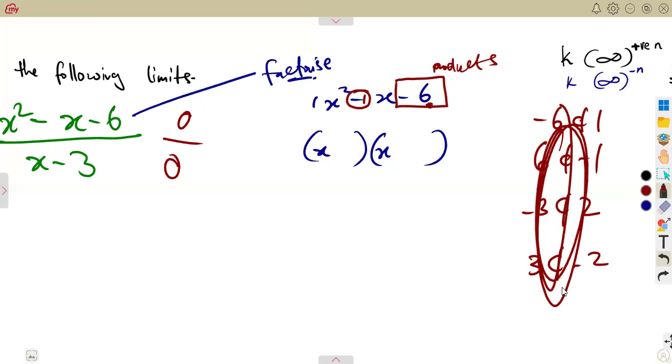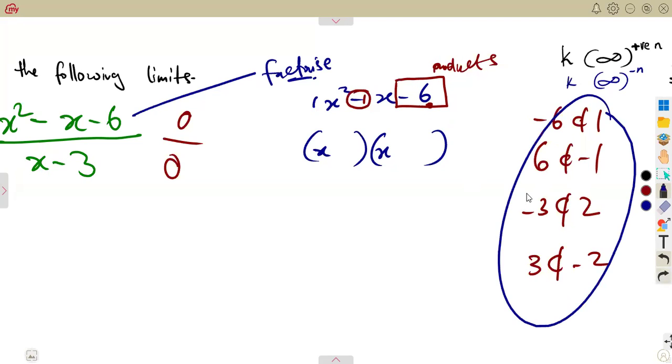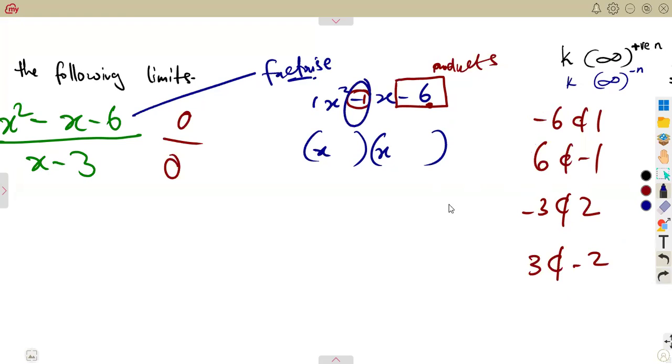All these, if you multiply, you get a -6. But not all of them, when you add, obtain a -1. So where do you obtain a -1? -3 plus 2 is -1. So you need a -3 and a +2.